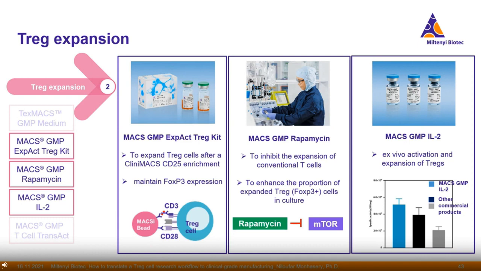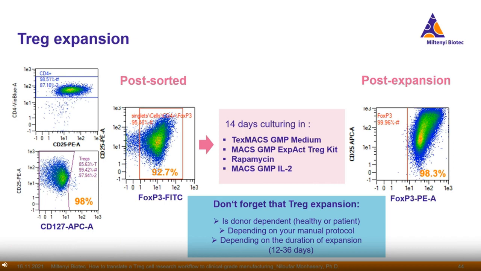In these slides, I would like to share some application data. You can see that after sorting of your cells on the Tyto Cell Sorter in this experiment, we reached 92.7% FOXP3 positive and CD25 positive cells. After 14 days of culturing in TexMACS GMP medium, with the MACSGMP Expert Tregs kit in the presence of rapamycin and GMP IL-2, you reach 98.3% positive cells for FOXP3 and CD25.